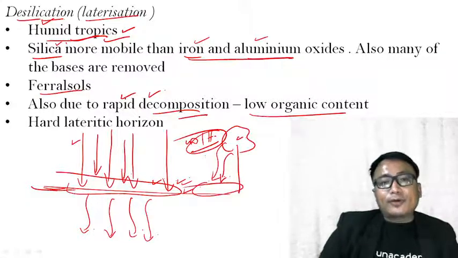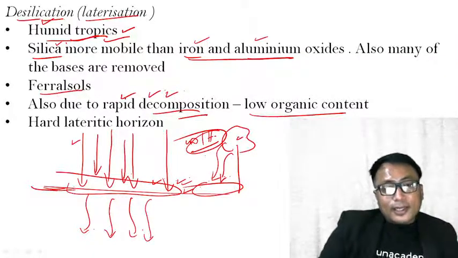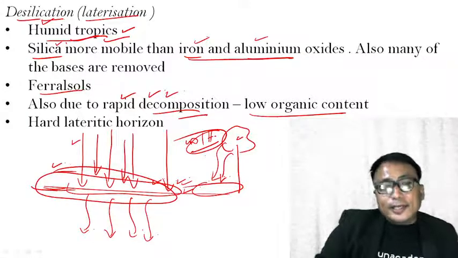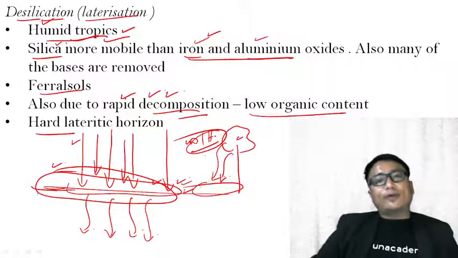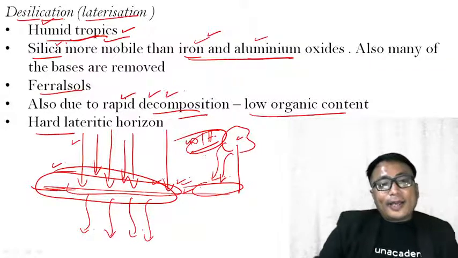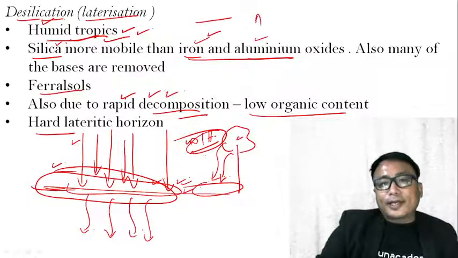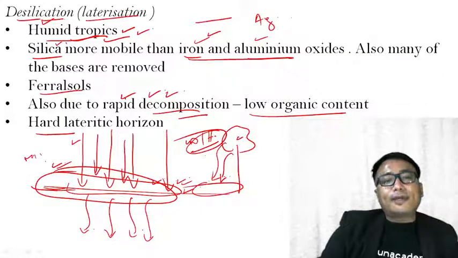Clear? And the ferral soil, that is a surface layer of soil rich in aluminium and iron oxide, forms a hard lateritic horizon. This type of soil is not very suitable for agriculture, but it is good for building material.